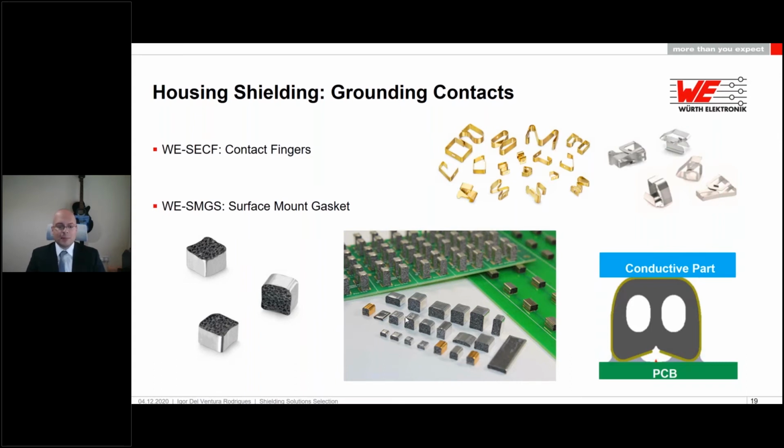So these are brilliant parts. You can even automate your production by utilizing these parts, no problem at all. They are compatible with pick and place machines. So they can grant you connection from the PCB towards the chassis or between two different PCBs, for example.